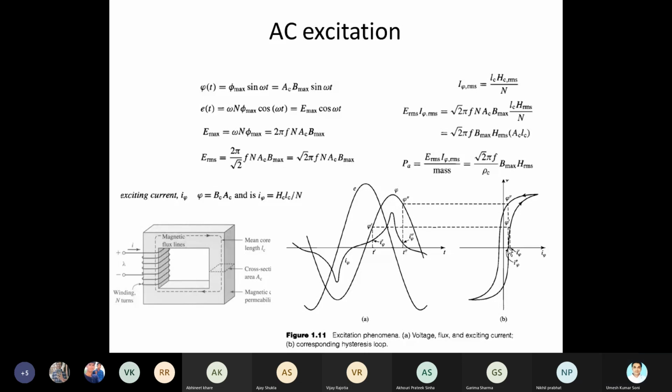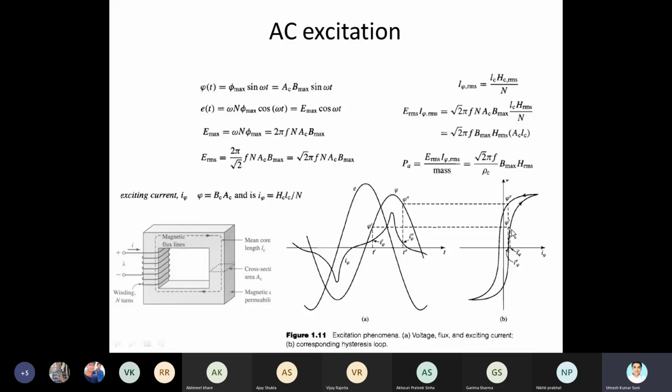In case of zero flux you have I dash, and in case of this phi dash you have the I dash phi.